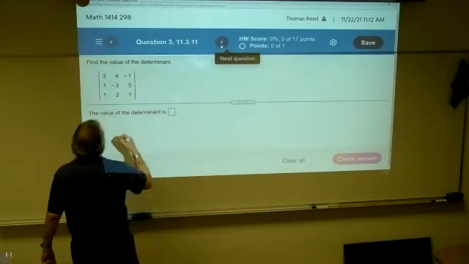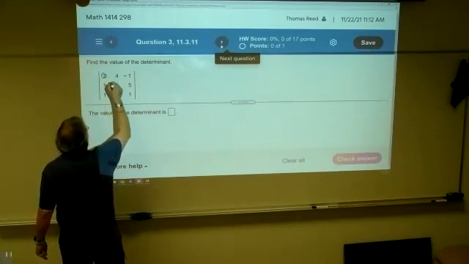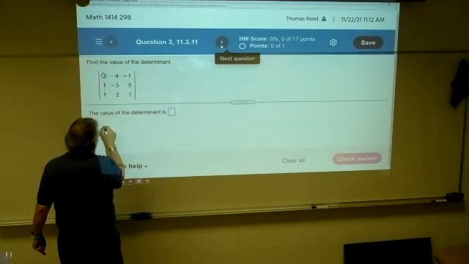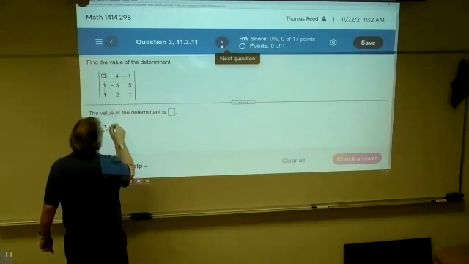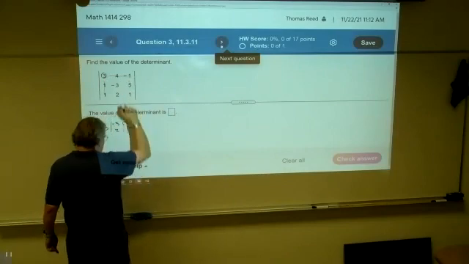It's a helpful tool. I always use the top row, so I'm going to use 3. I ignore the column and the row 3 is in, so its minor is -3, 5, 2, and 1.